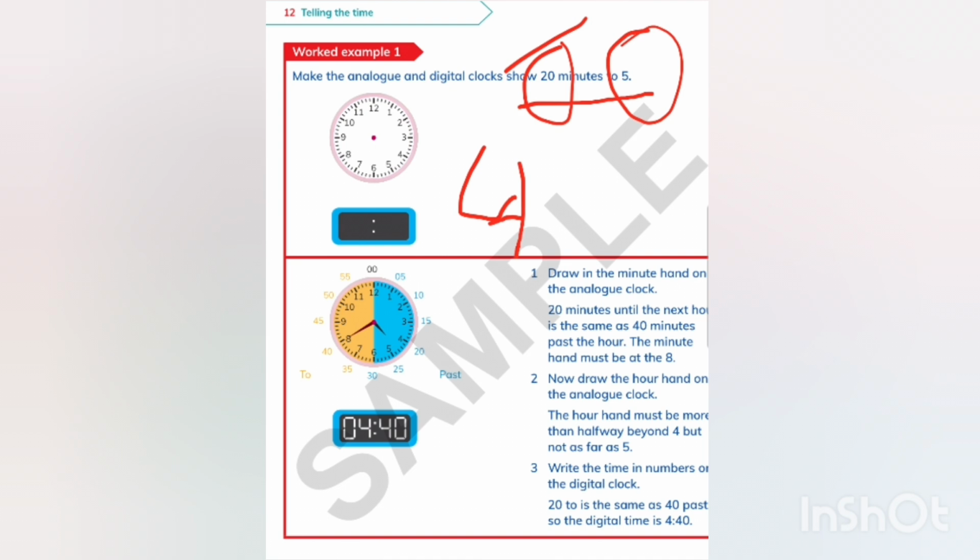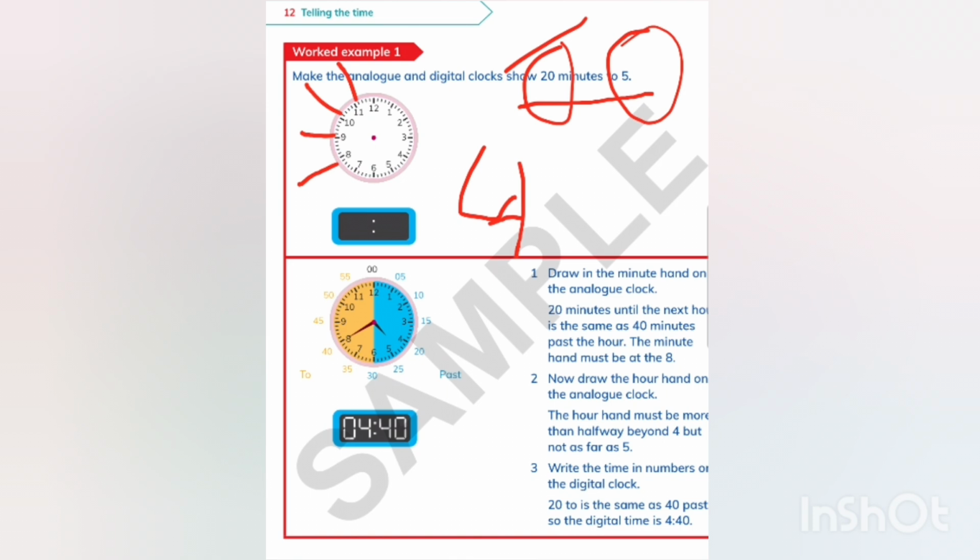Okay. And how many minutes is it saying? 20 minutes, meaning we have to count from here 5, 10, 15 and 20 minutes are remaining.